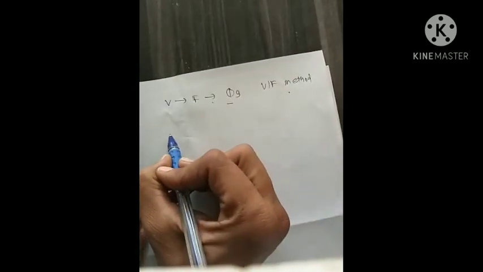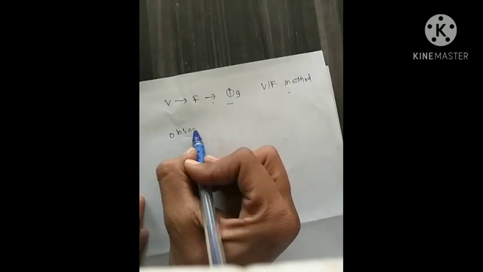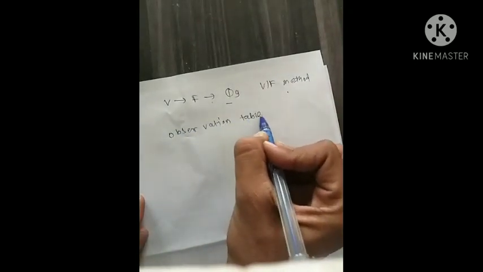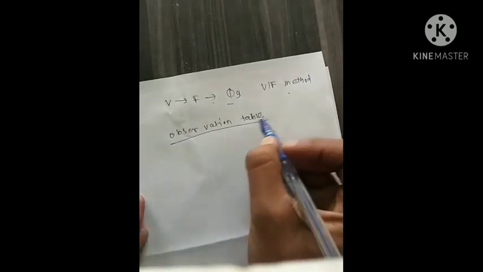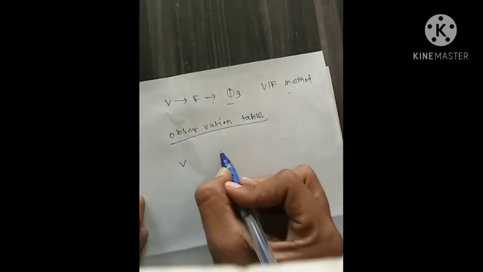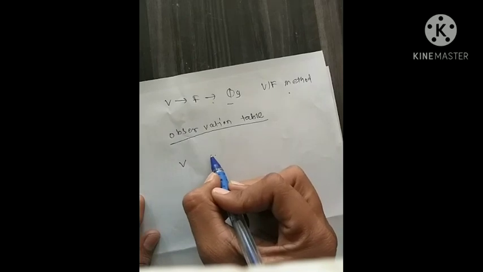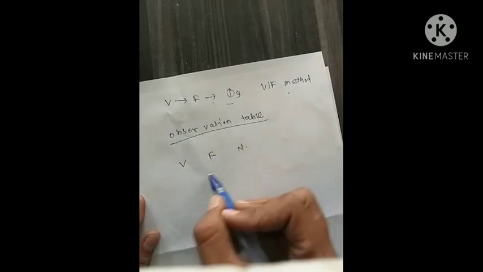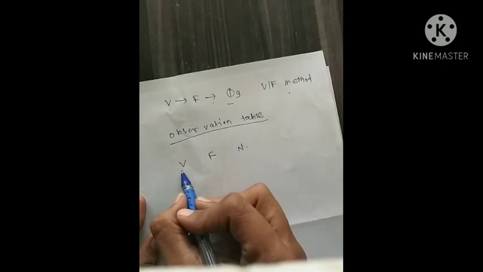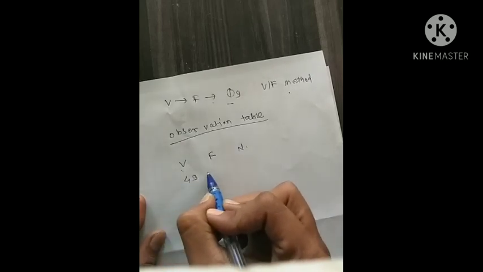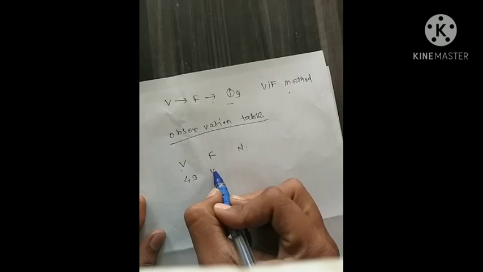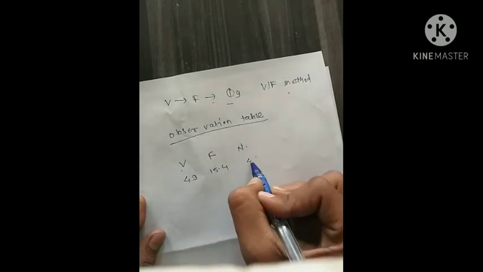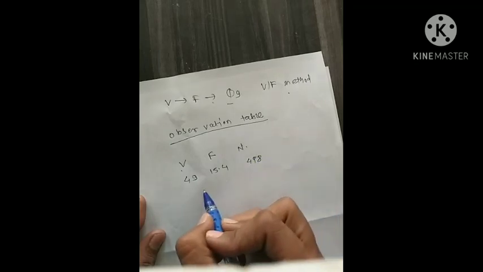Here is the observation table. V is in volt, then frequency F and speed N. If the voltage is 49 volt, the frequency is 15.4 and the speed is 498.